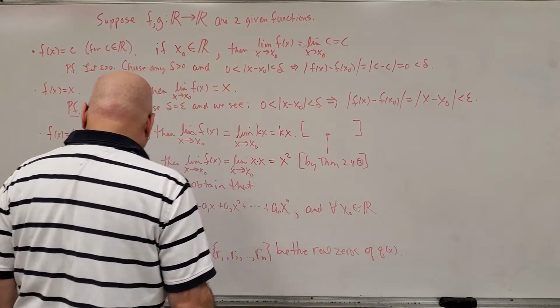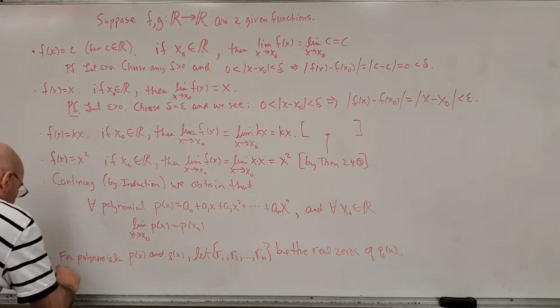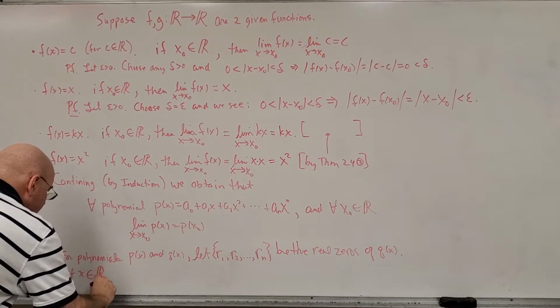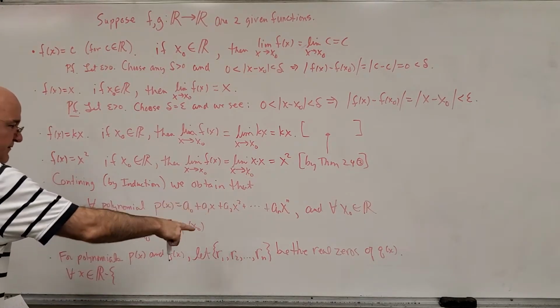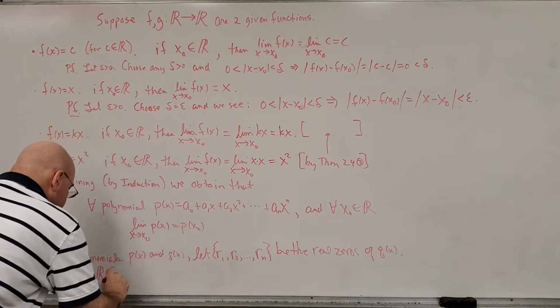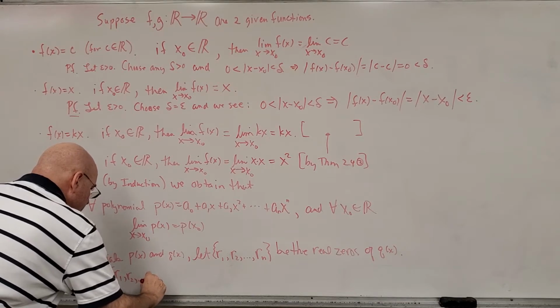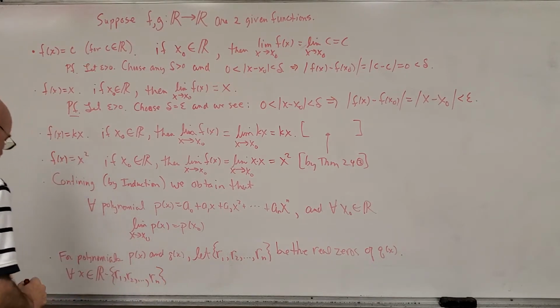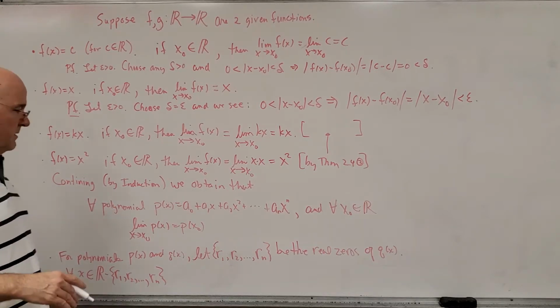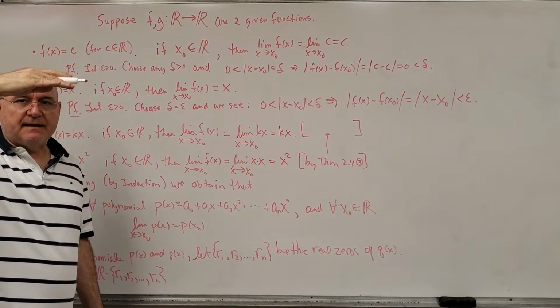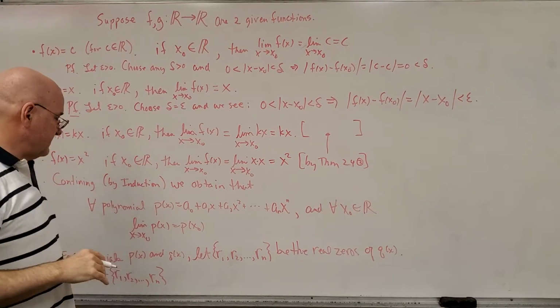Well, let's see. One more line. For all x in the real numbers except for these numbers, we can define the limit of the rational function created by putting p of x on top as the numerator and q of x as the denominator.